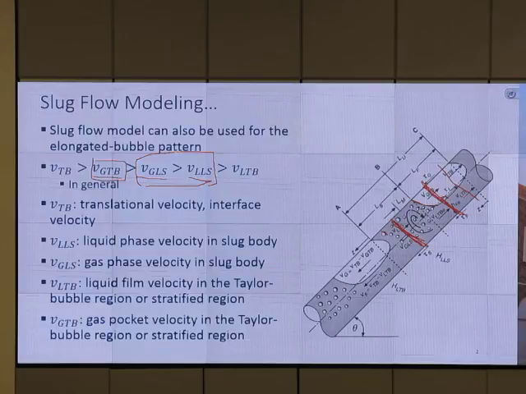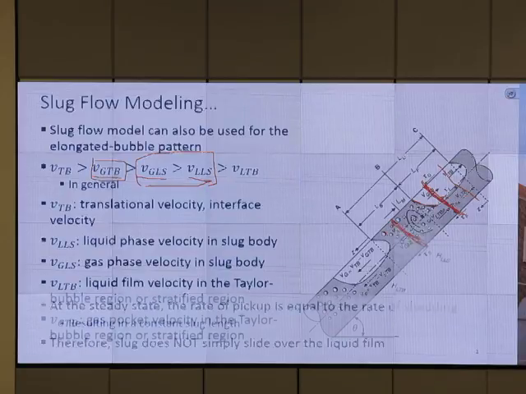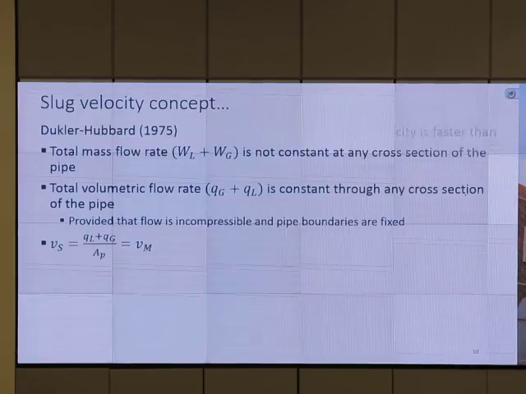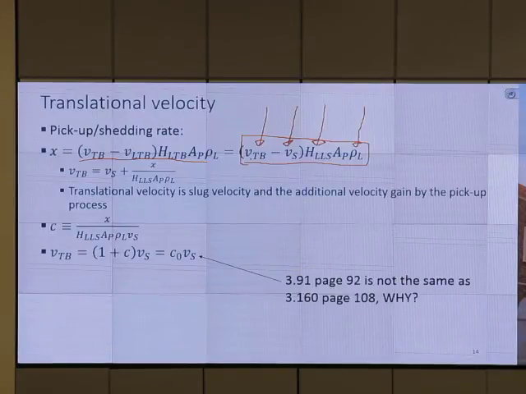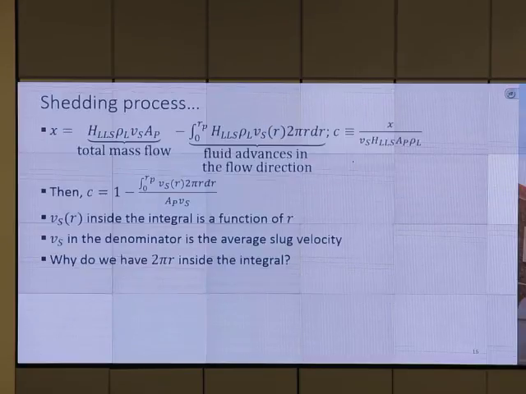So X for the gas phase is the same throughout for the moving observer. For the moving observer, X for the gas phase will be VTB minus Vs for horizontal flow, multiplied by alpha LLS, or 1 minus HLLS, multiplied by AP, multiplied by rho G. Okay, that's for the gas phase.